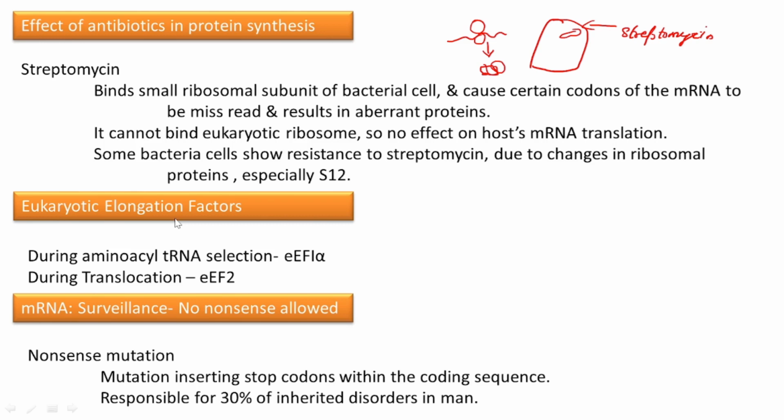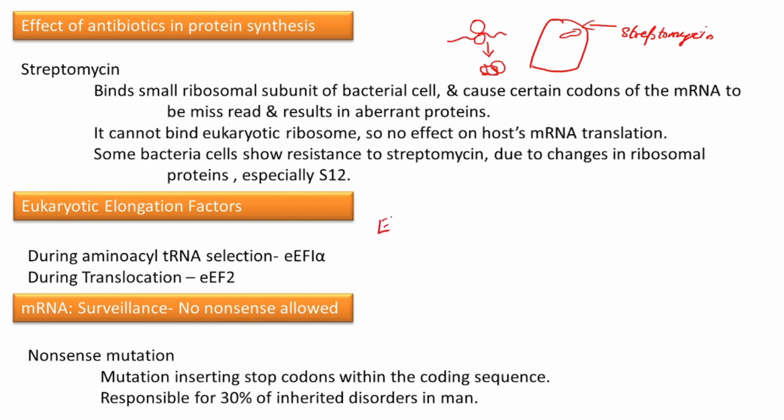In the initiation step, only a slight difference exists between prokaryotes and eukaryotes. All the other processes are almost similar. The only difference is the type of elongation factors. In the case of prokaryotes, the elongation factor that is helping in aminoacyl tRNA selection is EF-Tu.